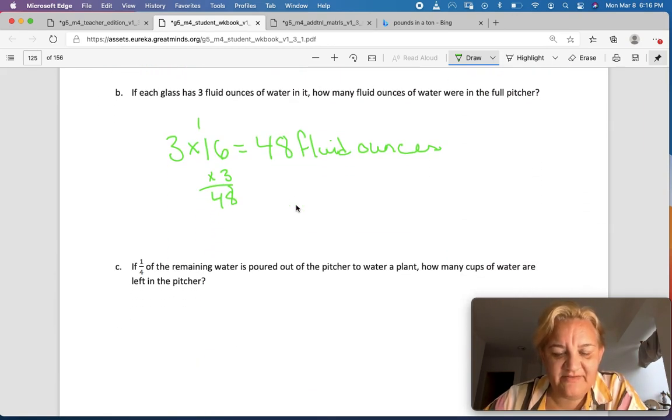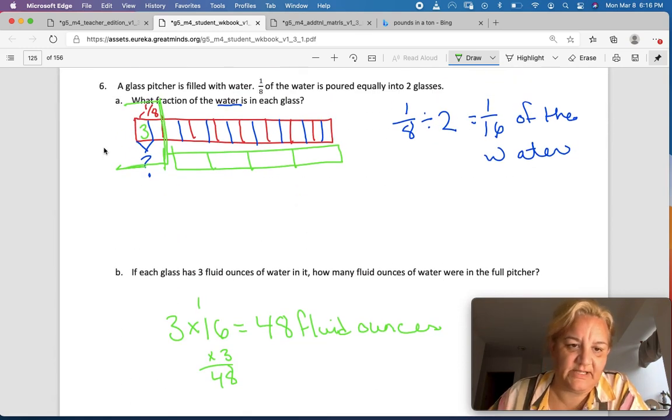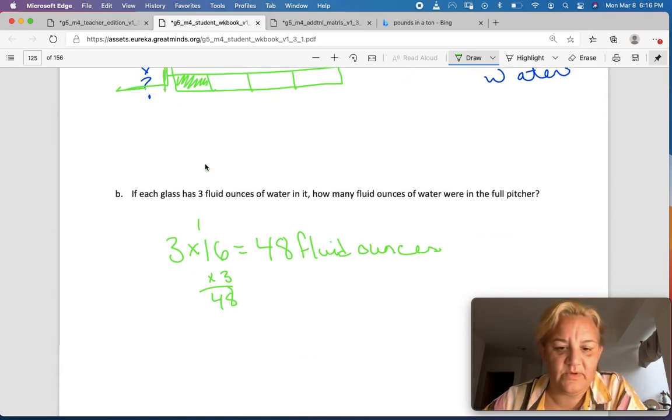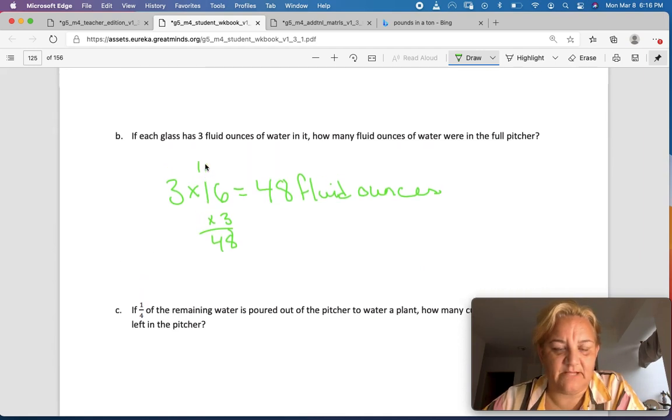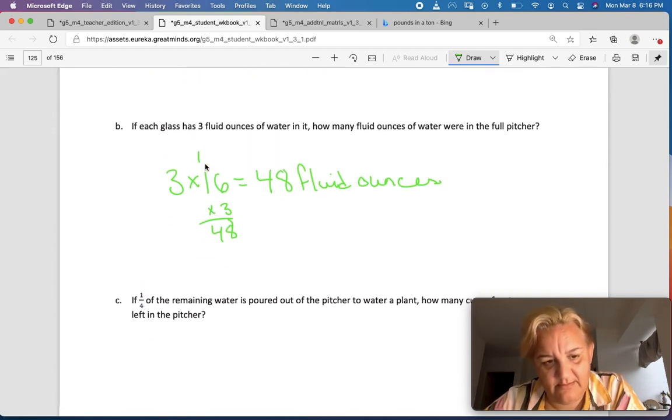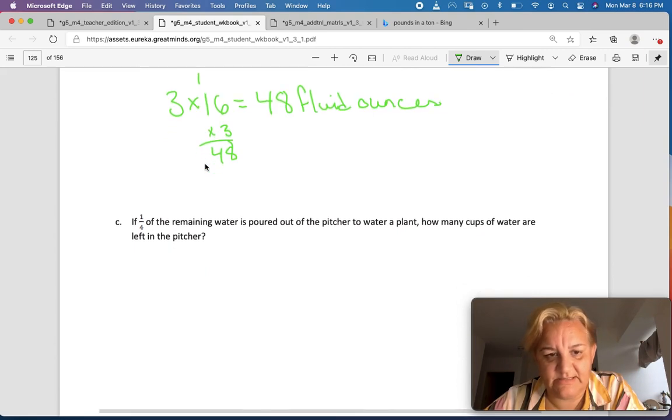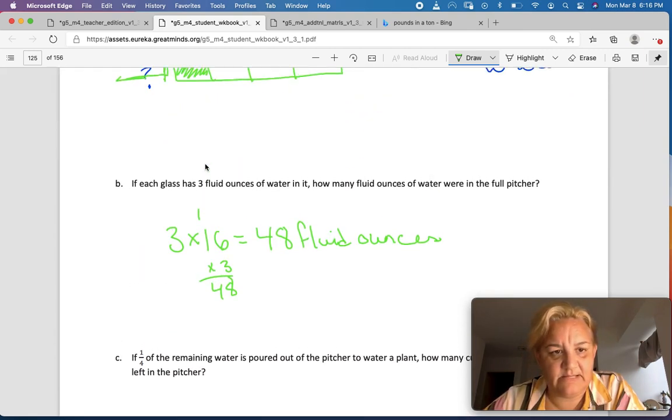They're talking about this part right here of the remaining, so that's what's left. 1/4 of that was taken out. How many cups of water are left in the pitcher? Okay. Oh, they want us to convert fluid ounces. Hang on.